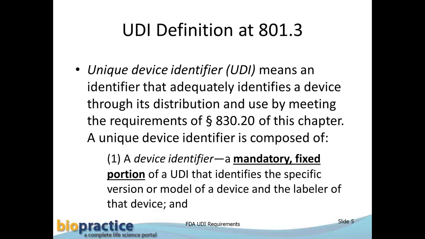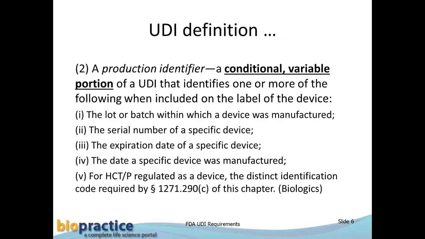It's composed of two components. There's a device identifier, referred to as the DI, which is a mandatory fixed portion that identifies a specific version or model number of a device and the labeler of the device, as well as a production identifier, or PI, which is a conditional variable portion that identifies one or more of the following things listed here: the lot or batch within which the device is manufactured, a serial number, an expiration date if it has one, the date a specific device was manufactured, and for human cellular tissue products that are regulated as devices, the distinct identification code that's required under those applicable regulations.